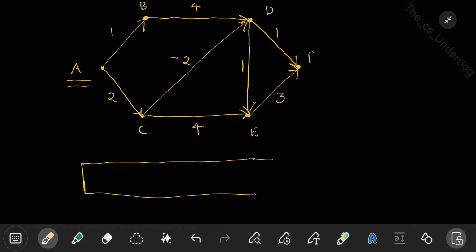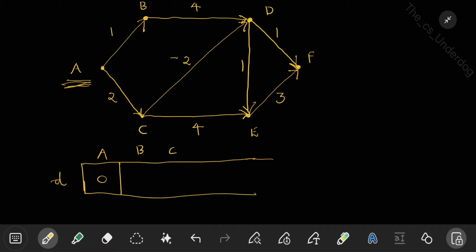What will this have? This will have the shortest path to all the vertices as of now. In the beginning, what did we discuss in the last lecture? Distance to the source vertex should be 0. So distance to A is 0. What about distance to all other vertices? We discussed that distance to all other vertices should be kept as infinity.